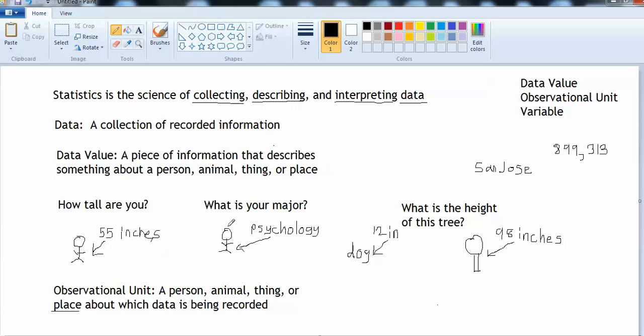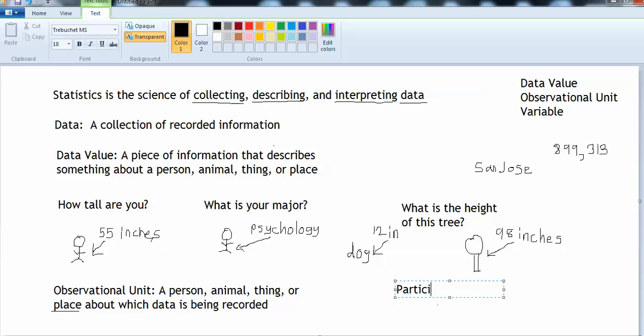A person is actually still an observational unit, but more specifically, the person is called a participant, because when that person provides you with data, that person is participating in your survey or participating in your interview. So it's nicer to call the person a participant than just an observational unit. So we'll say that a participant is a human observational unit.